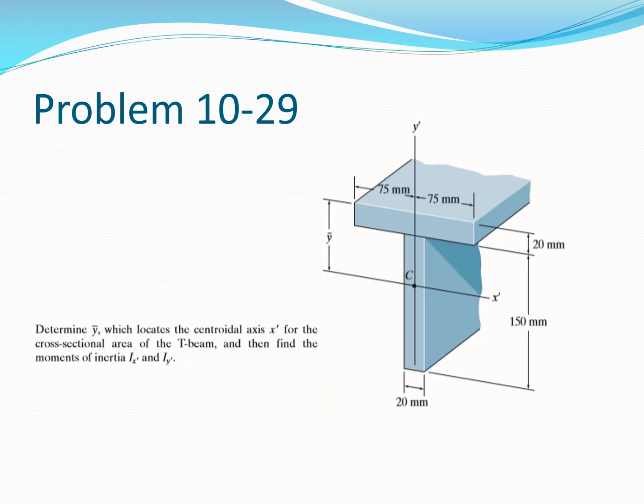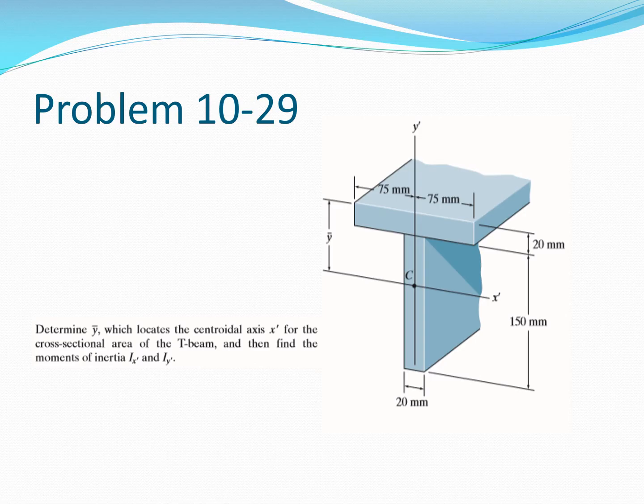So there's more area on the top than there is on the bottom, and the centroid isn't in the center anymore. What they want you to do is find the moment of inertia around the centroid. But they don't tell you what the centroid is, and it's not directly in the middle. So this problem essentially has two steps.